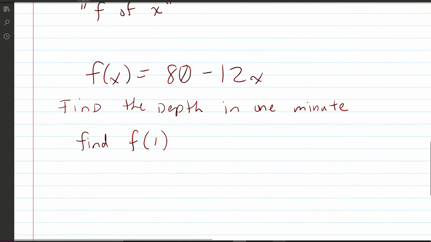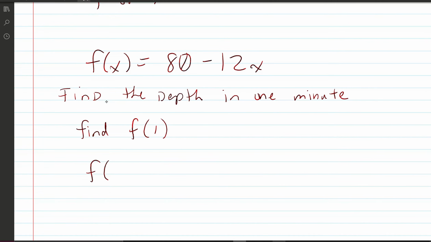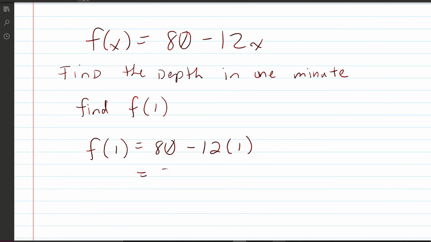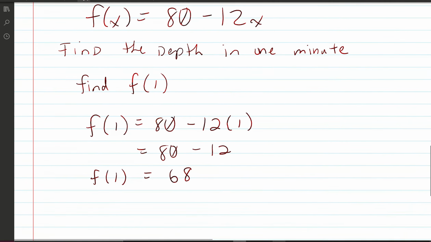So everywhere we see an x, we're going to substitute in a 1, right? So we have 80 minus 12 times 1 is 12. So 80 minus 12 is 68. So f of 1 is equal to 68.